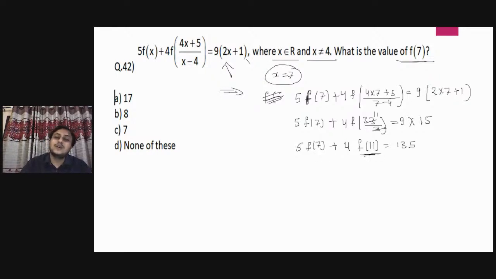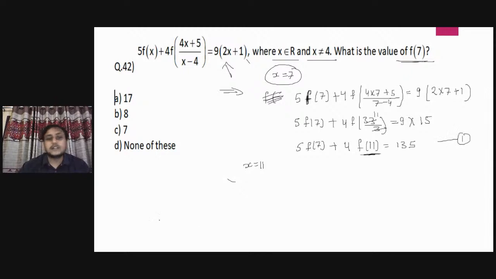Now you need to solve for f11. Just put x equals to 11 in this equation. This is the clue here, because we had to find f7.